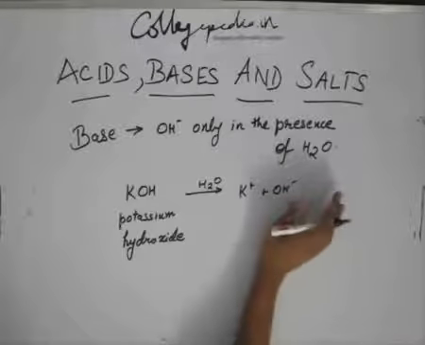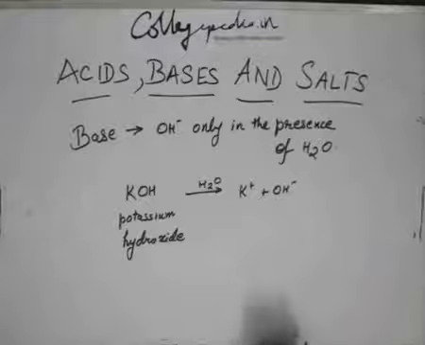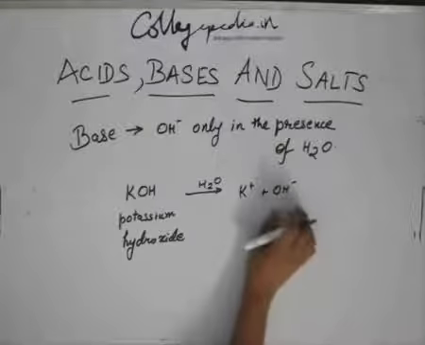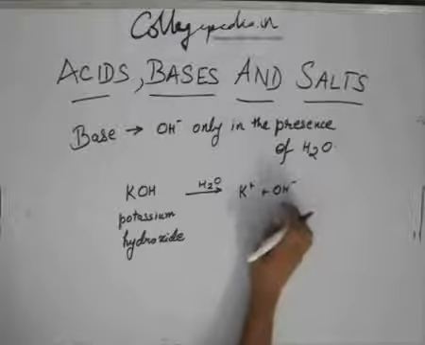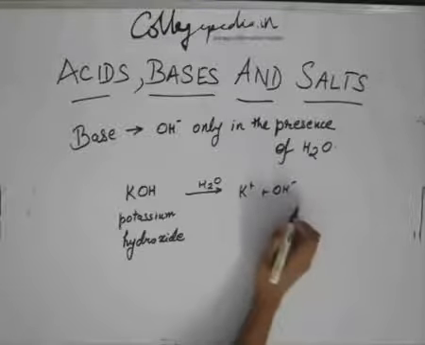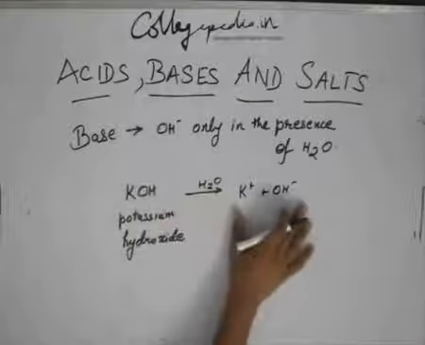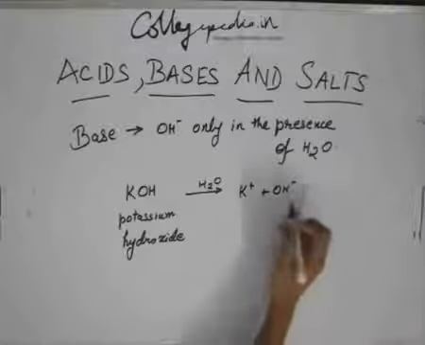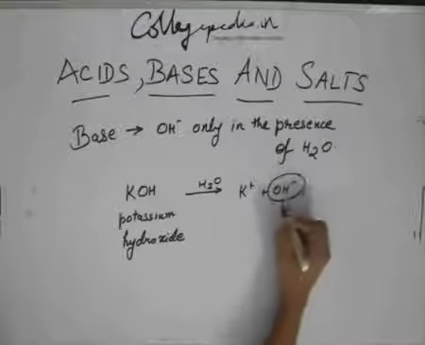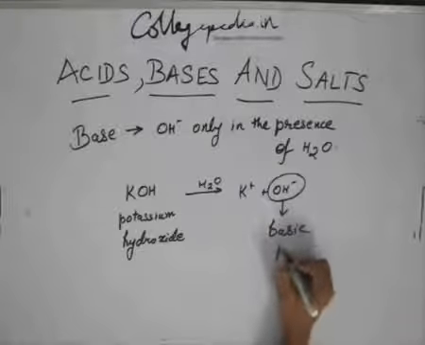OH minus ions are very stable. They are not like H plus ions, which are only just a proton. So OH minus ions generally exist by themselves. They don't need to attach to any water molecule to exist. So this exists in water in the form of ions, and this is responsible for its basic properties.